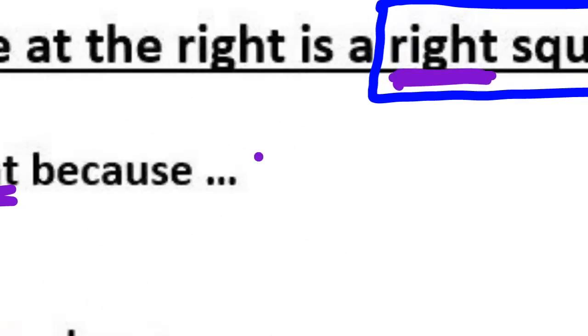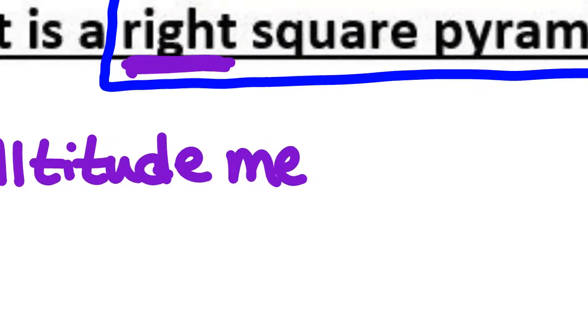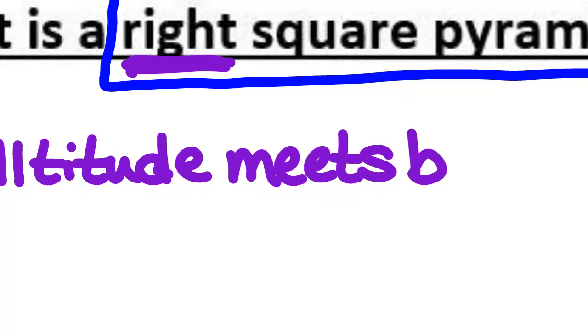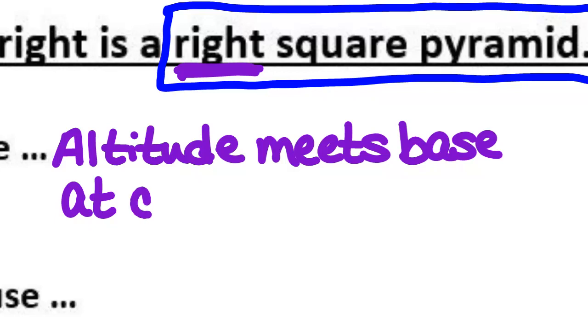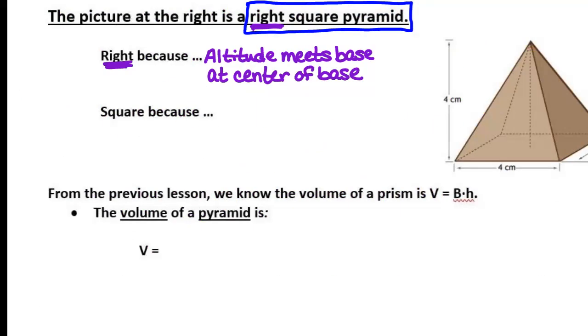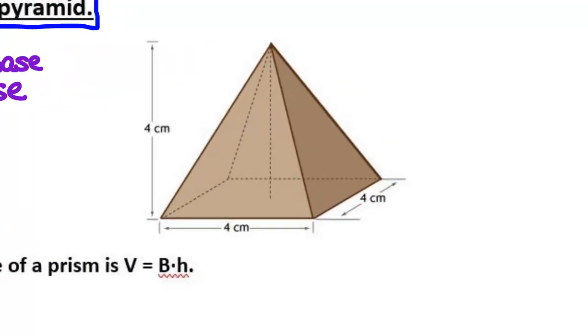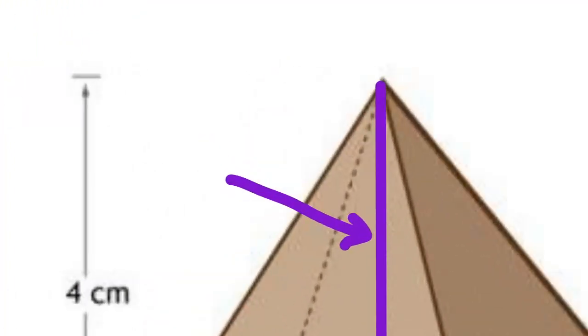Yes, the altitude meets the base at the center of the base. So looking at this diagram over here, from the vertex right to there, it makes a right angle where it hits the base, and it's hitting right at the center of the base. So this is my altitude.